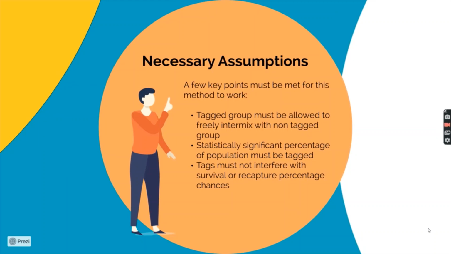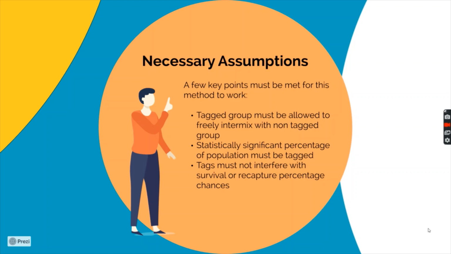And so a few necessary assumptions that we must make in order for this formula to work is that the tagged group must be allowed to freely intermix with non-tagged groups. Also, a statistically significant percentage of the population must be tagged, which means you can't just catch one animal, tag it, and release it. A significant percentage of the population must be tagged, at least enough to raise confidence in the amount that we recapture later.